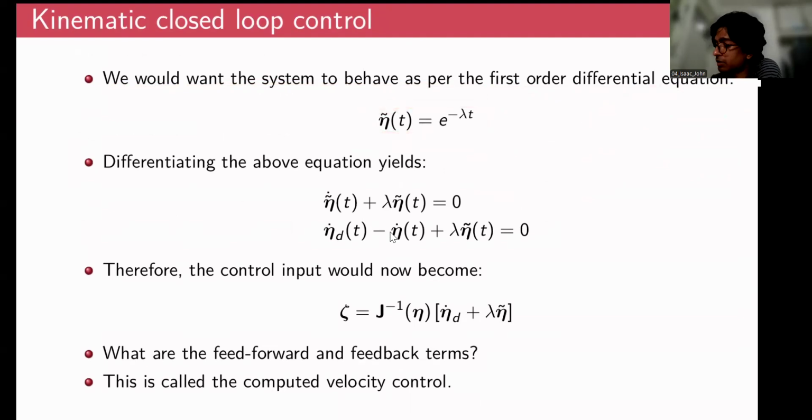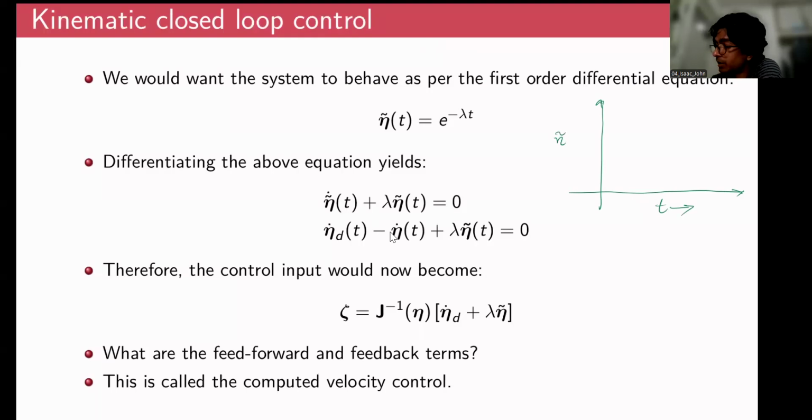If you try to plot this equation, I'll call the x coordinate t, time. Eta tilde would be on the y-axis.